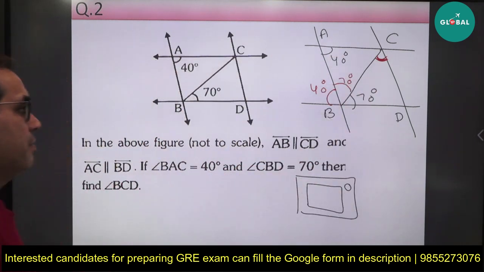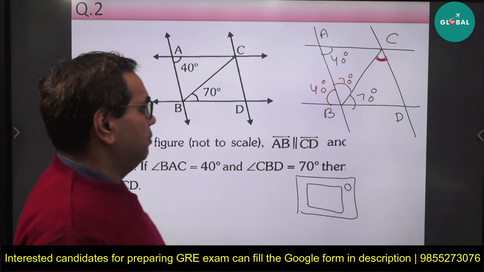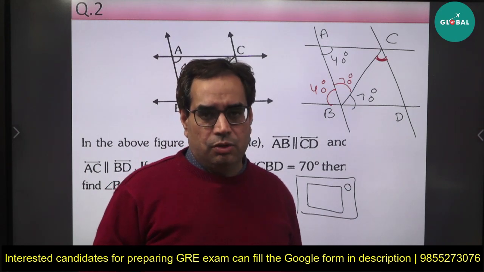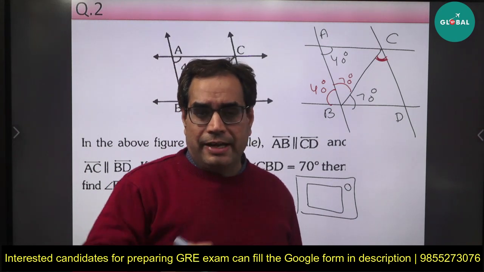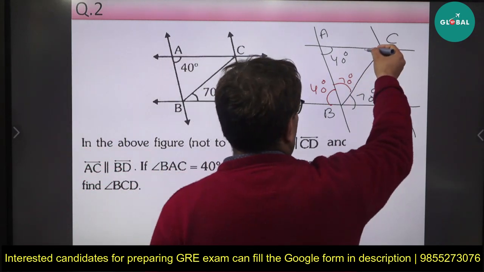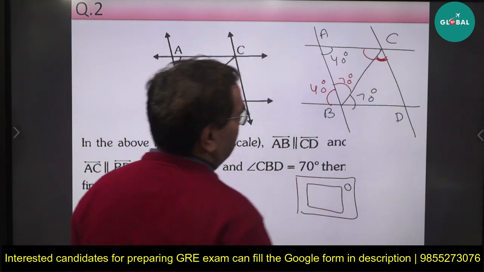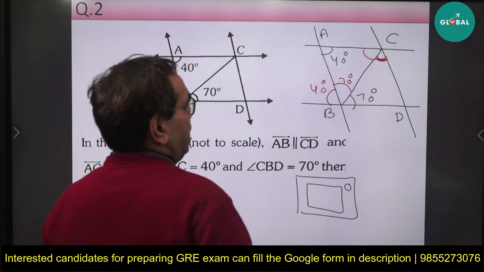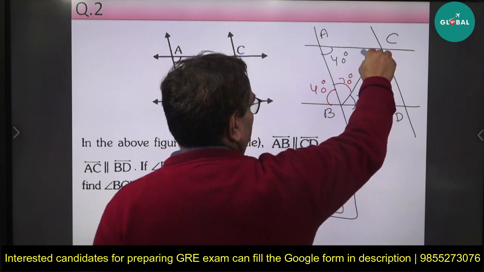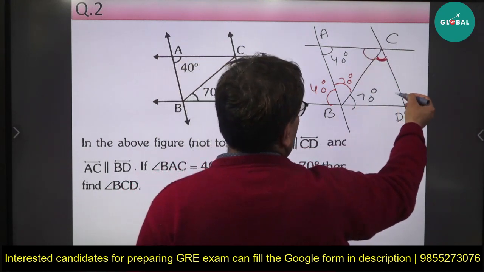Okay, because total we have to make 180 degree. Now in a triangle we know that the sum of all the interior angles is equal to 180 degree. So from that logic we can compute this angle also. Okay, and if we are able to compute this angle, then we can compute this also.